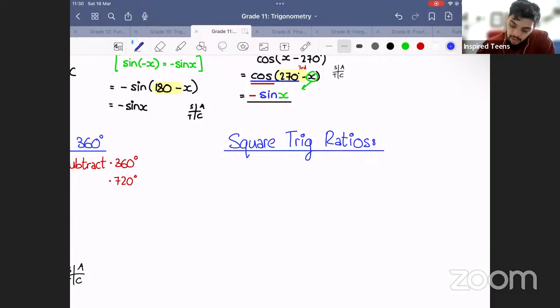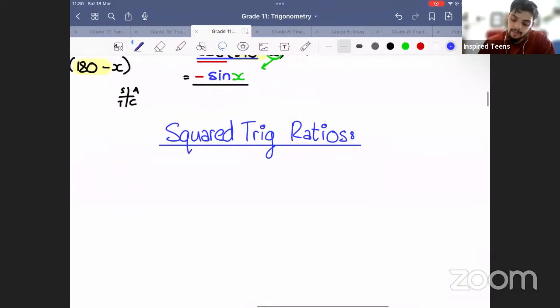When we talk about squared trig ratios, just like the example we did, let's consider sine squared (180 plus theta). Firstly, it's a square.